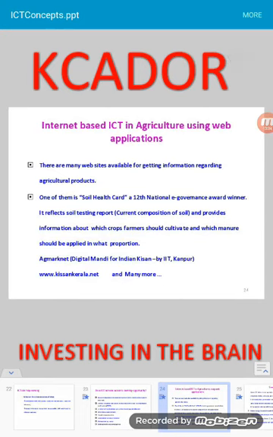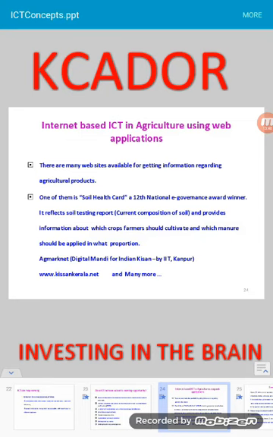Now, internet-based ICT in agriculture using web applications. There are many sites available for getting information regarding agricultural products. So farmers can also look at this. They can go to Google. They can watch videos on farming methods. One of them is Soil Health Card, 12th National E-Government Award winner.